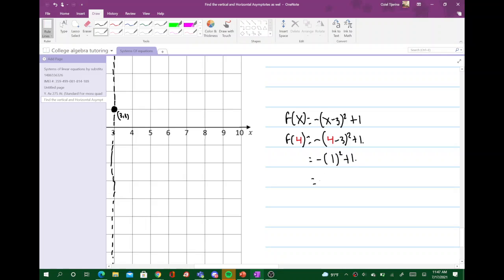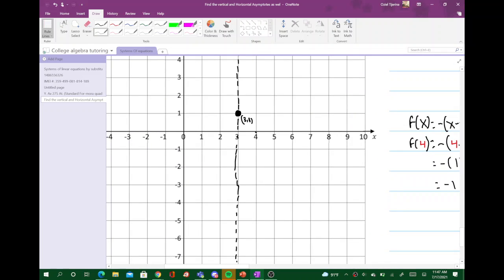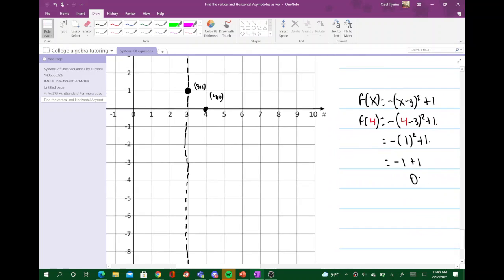And that's just equal to -1 plus 1, which is 0. So when x equals 4, y equals 0. So this can be another point, and we can label it, right, 4, 0. I'm going to go ahead and move, like this, right here.